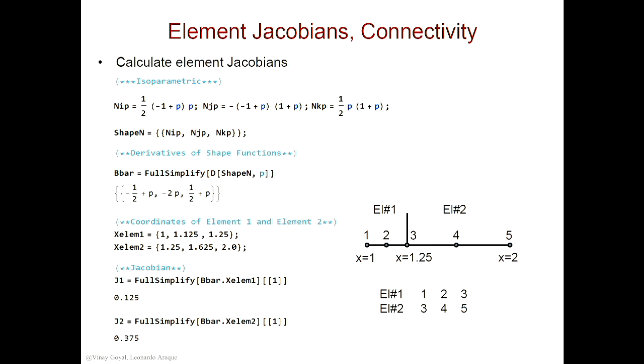So it gave me 0.125, and then B bar times X element 2 is 0.375. For this example, it came out very nicely. Okay. And the connectivity matrix is 1, 2, 3. And then for element 2 is 3, 4, 5. Any questions on that? Again, I don't have to redo anything here above. That's already done forever.